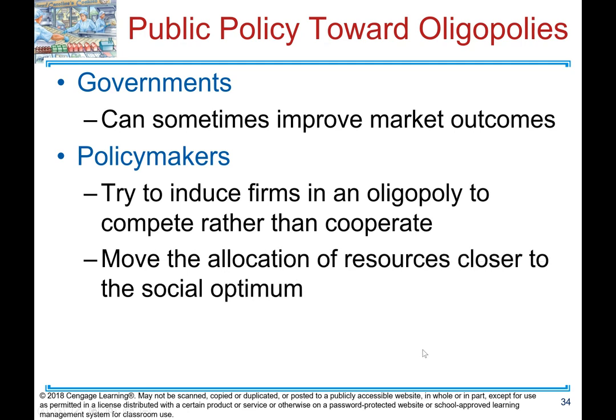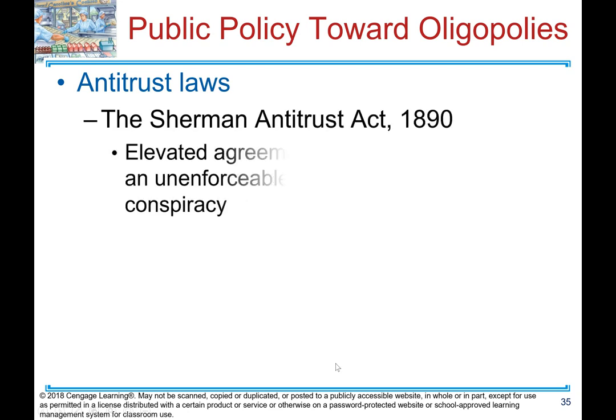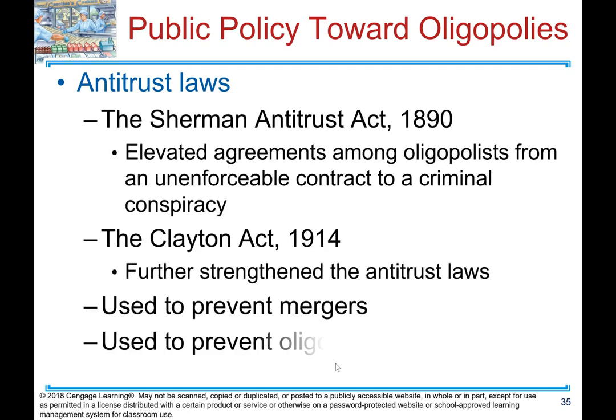Governments can sometimes improve market outcomes. So what is the public policy towards oligopolies? Policymakers try to induce firms in an oligopoly to compete rather than cooperate, moving the allocation of resources closer to the social optimum. Antitrust laws are in place.